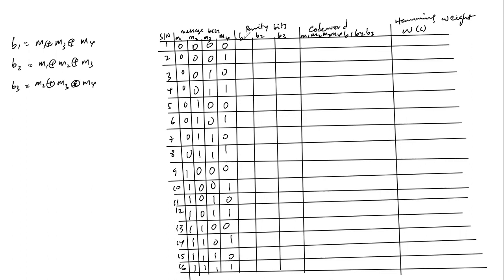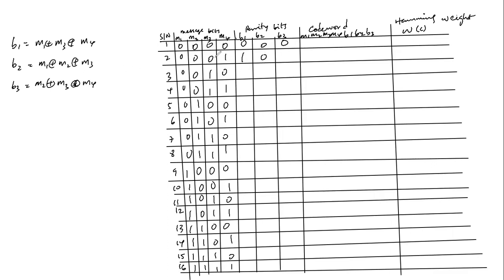And now for the parity bits, B1 is the same as M1 plus M3 plus M4, that is 0. And M1, M2, M3, so 0 here. And in this case, M1, M3, M4, 0 plus 0 plus 1, that's 1. Now M1, M2, M3 is 0.